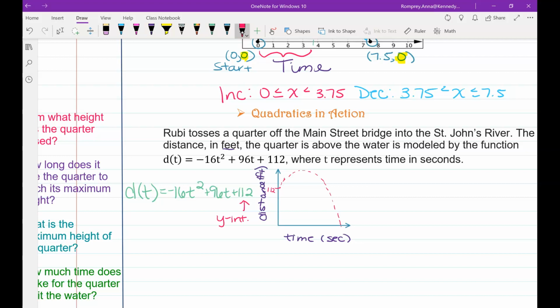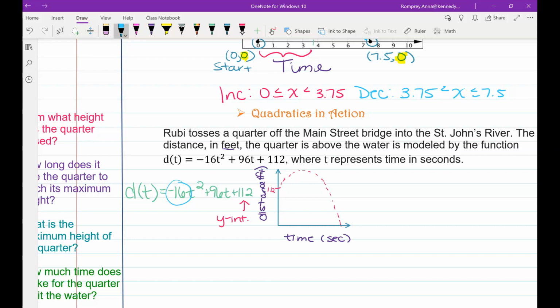Well, what also describes that shape is this negative 16. So when our a term is negative, that tells us that our parabola should be going down. The negative just tells me whether it's smiling or frowning, so the actual number itself tells me if it's a narrow or a wide parabola. This should be a really narrow parabola.